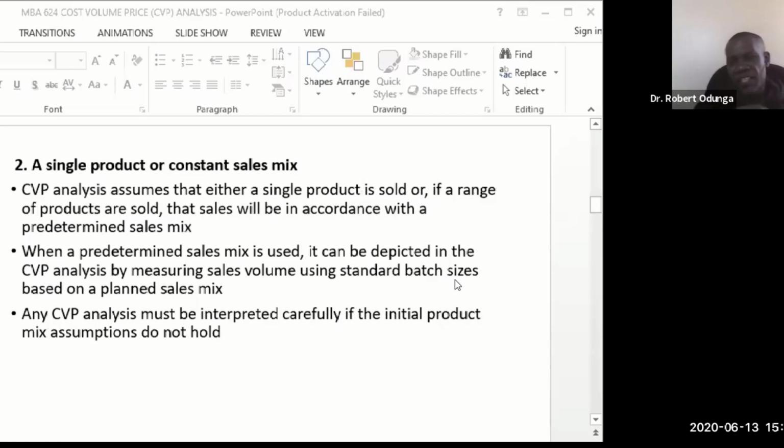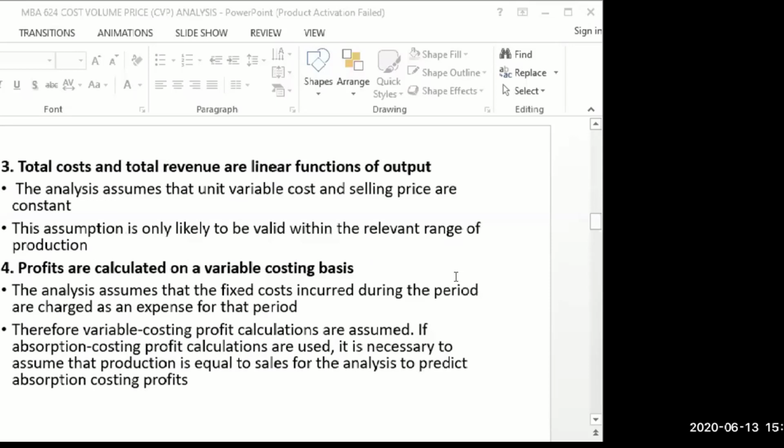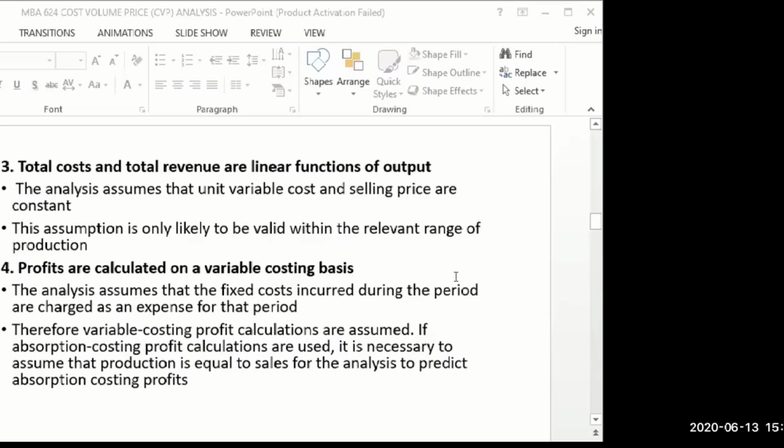My question is on assumption 3. Assume that for a given level of output, the unit cost and the unit selling price will be constant in the short term. Can you really make that assumption?